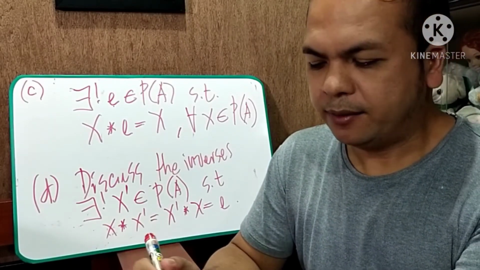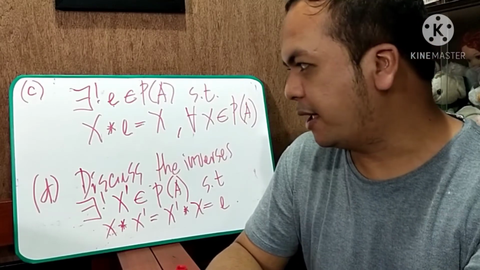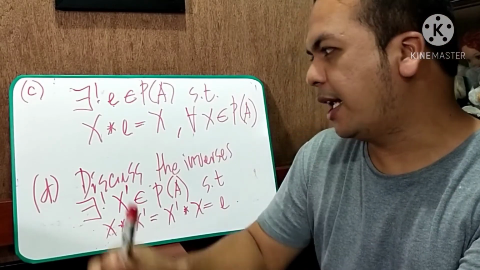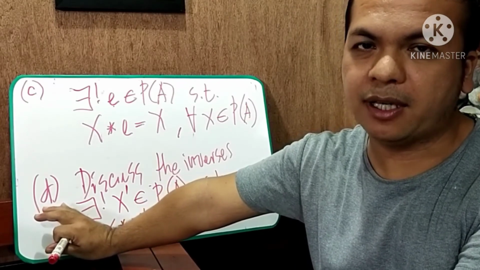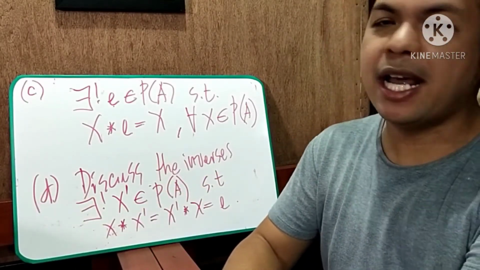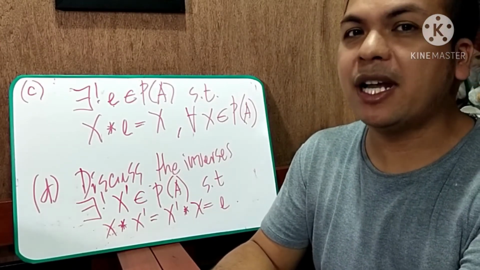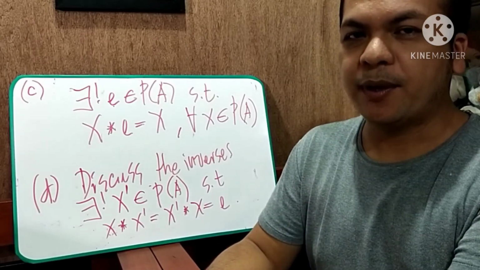So this ends our activity. Take note, we only have 4 activities, and this is the 4th and final one: discuss the inverses. There is no inverse, because there is no identity element.